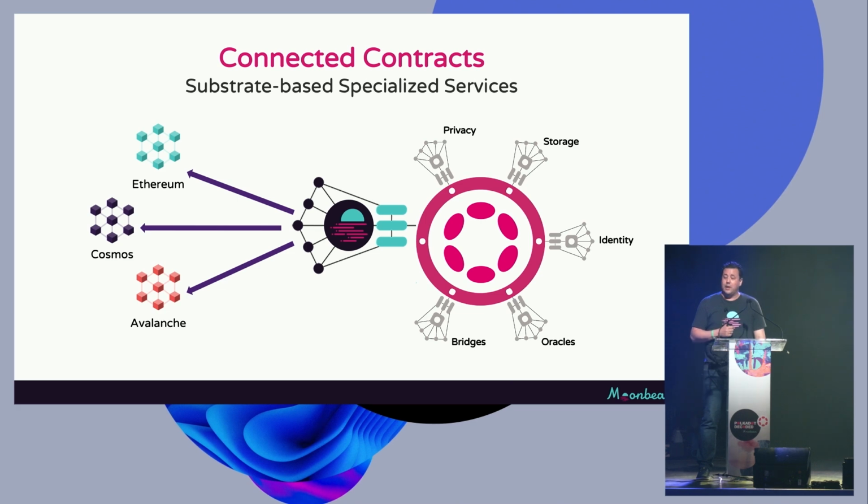And so that's also going to be a way that these experiences can scale, not only get better, but also scale. And so I think that for me, the combination of Substrate and Polkadot is the perfect environment for building this vision. And the role I think Moonbeam can play in helping this is to provide this glue, right? So using these connected contracts, you can glue these pieces together to provide a whole-is-greater-than-the-sum-of-its-parts experience back to the user.